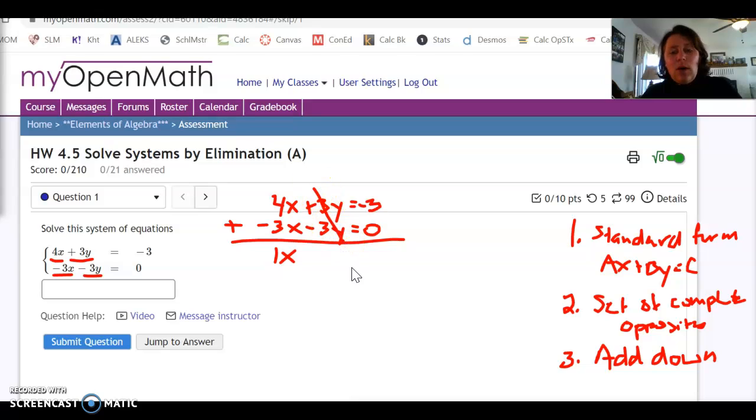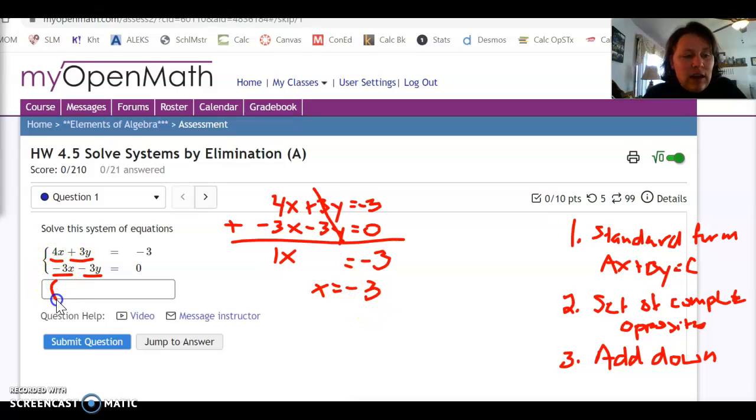So we will have no y's left at all. Then we have negative 3 plus 0. Anything plus 0 is still itself, so we get a negative 3. So we have 1x equals negative 3. But remember, 1 is our multiplicative identity, so 1 times x is just x, and therefore we have x equals negative 3. Now that's part of our answer.